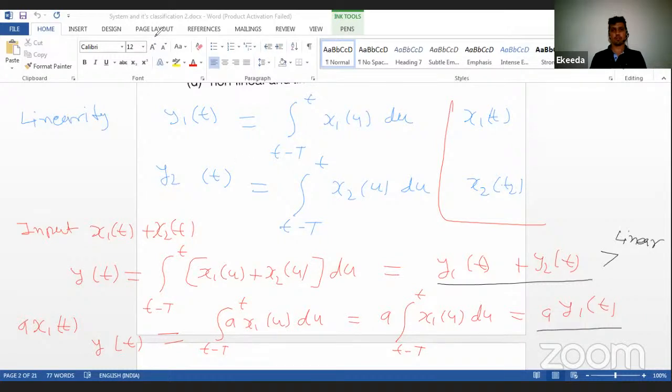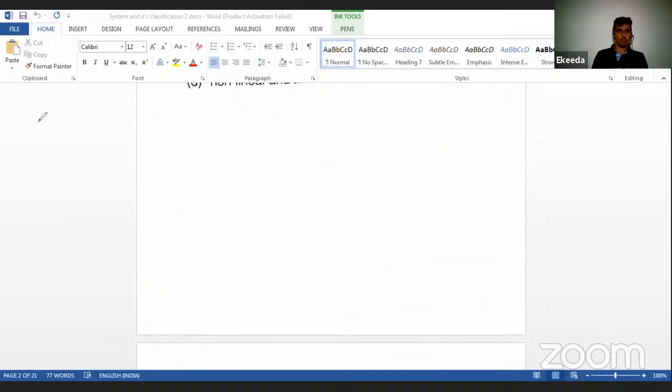Similarly, we will go for time invariance, method one, which is mathematical, or you can say by definition.